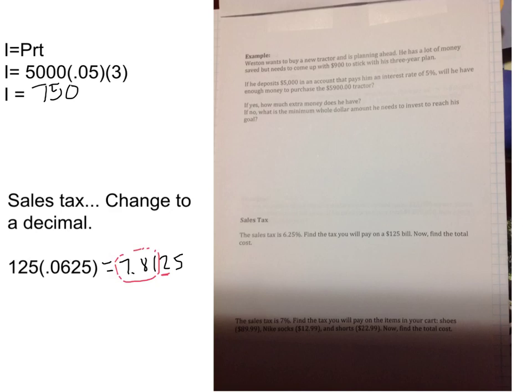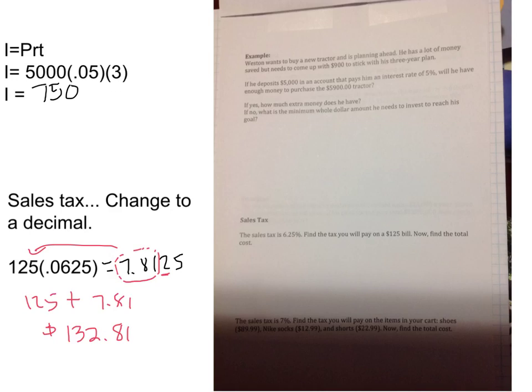going to do anything. And then simply just add it back to the original. If you look at any receipts that you get or your parents might get, that's all they're going to do, is add it back to the original. And you'll end up owing $132.81. The last question on this page is you went shopping and you bought some shoes, some socks, and some shorts.